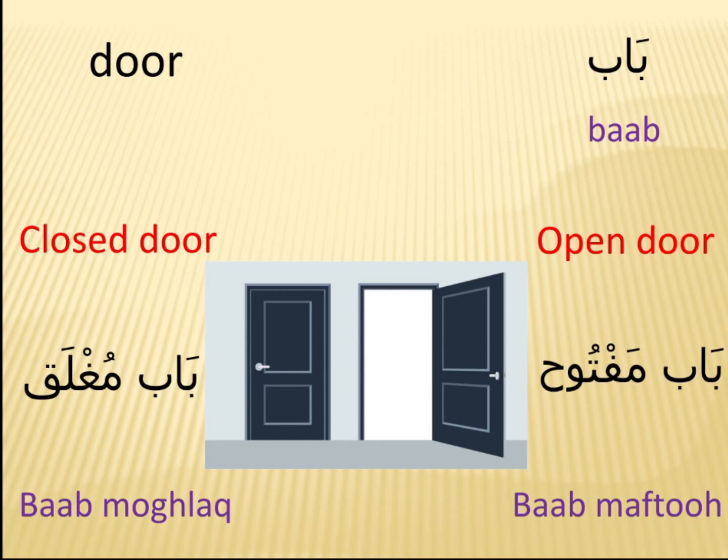And know that باب is a masculine word. You should know that by heart, and you will get used to feminine and masculine words as we go on with lessons. So باب is a masculine word.